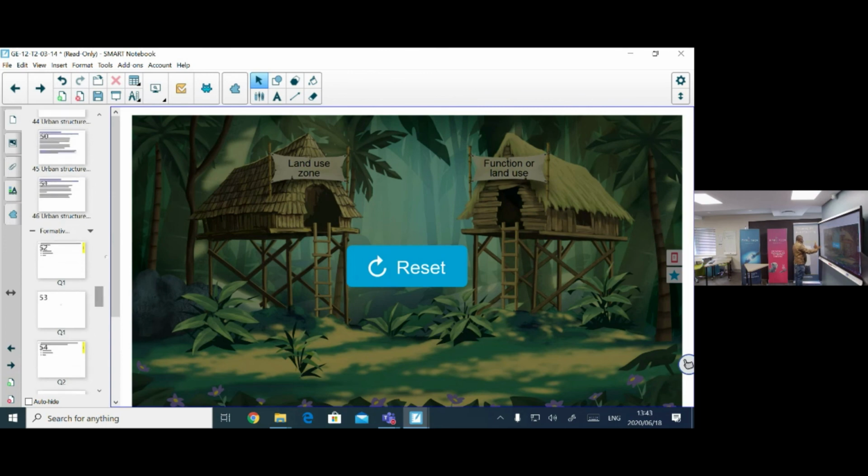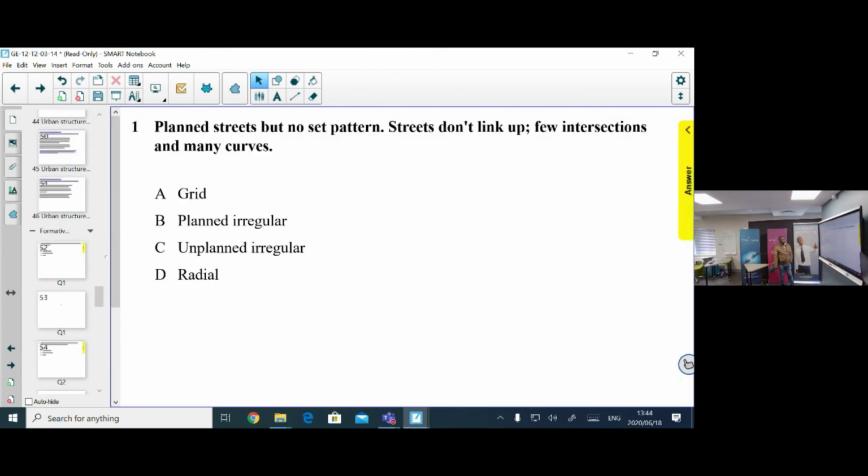Let's look at our question 1, which is here. Planned streets, but no set pattern. Streets don't link up, few intersections and many curves. What is being described there? What is the type of settlement there? What is the type of urban pattern?